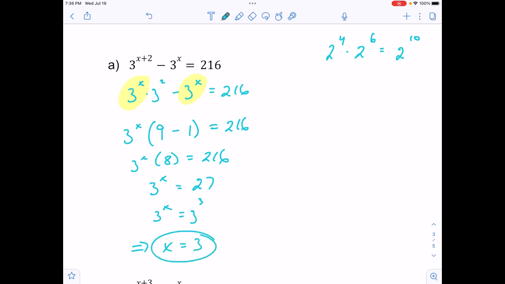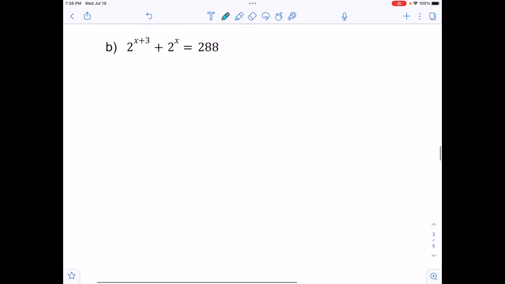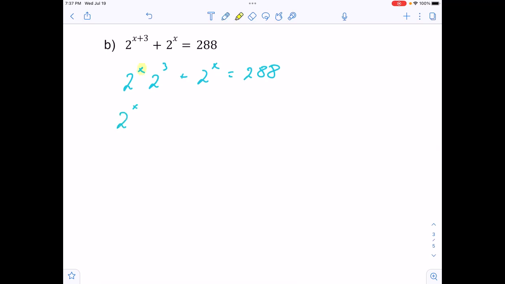This is a factoring strategy because we are able to break it down. Let's look at another example here with 2 as a base this time. Once again, I'm going to break this term down that has an addition into two separate terms: 2 to the x and 2 to the 3, all plus 2 to the power of x is 288. Factor out my 2 to the power of x because both the terms on the left side have that.